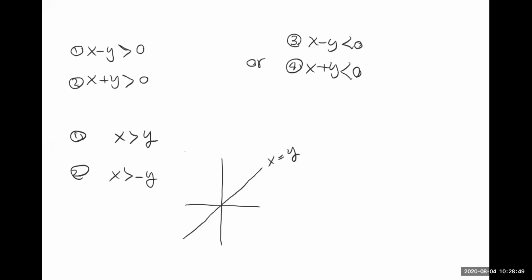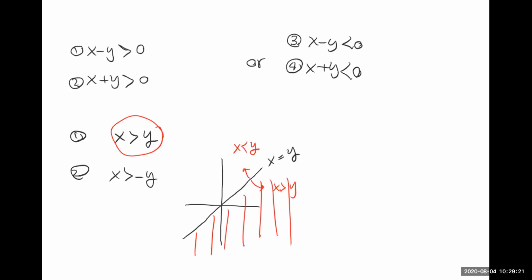So here x is equal to y. On one side, x is less than y. On the other side, x is greater than y. Does anyone know which side x is greater than y? Actually on the right side, x is greater than y, and on the left side, x is less than y. So when we have x greater than y, it means this area.